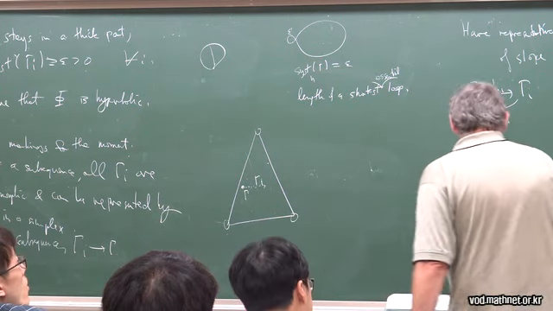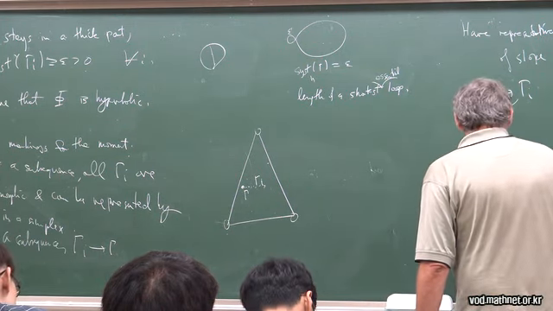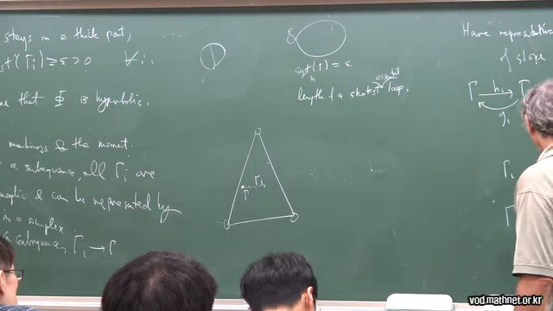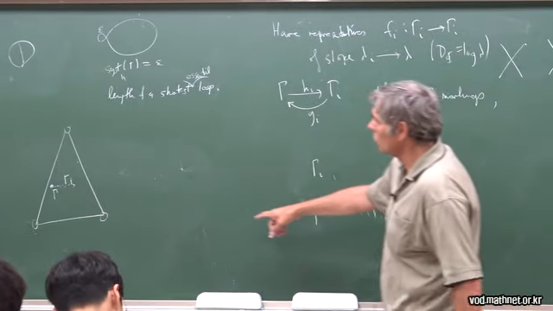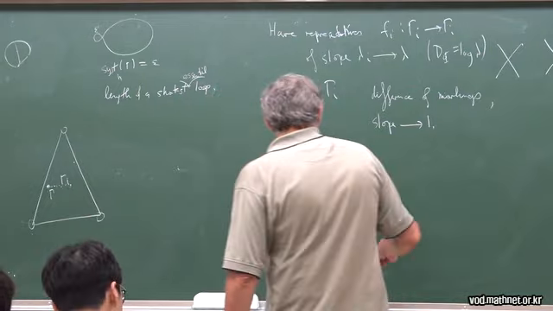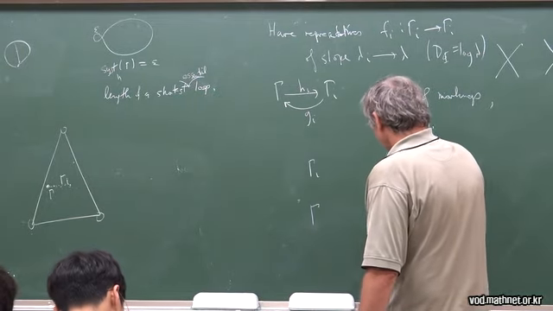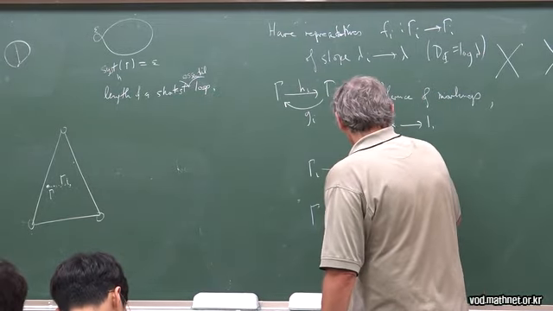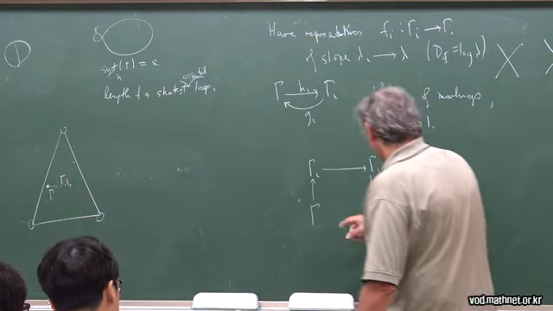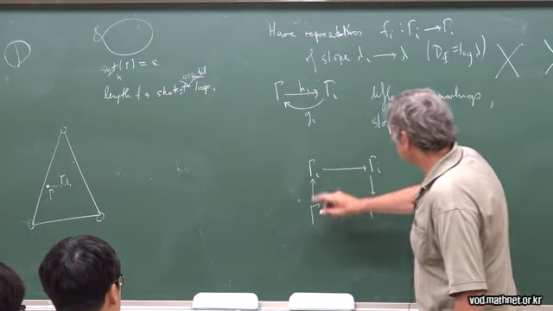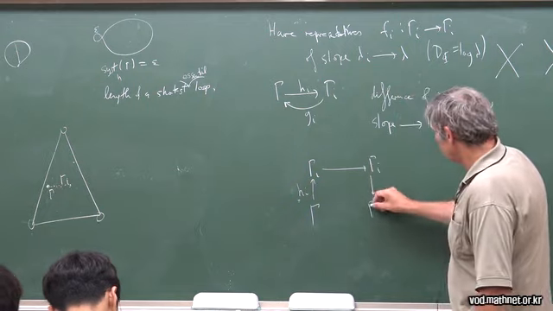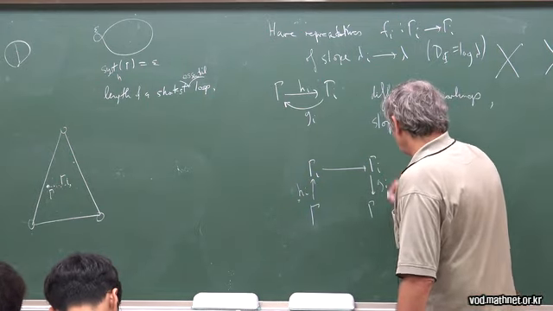So then I have this kind of a diagram. Here's gamma i. I'm going to show that gamma is in the min set, so I want a map from gamma to gamma. And the way I'll get it is by composing this way, right? So I have from gamma to gamma i go by h_i, and from gamma i to gamma go by g_i.